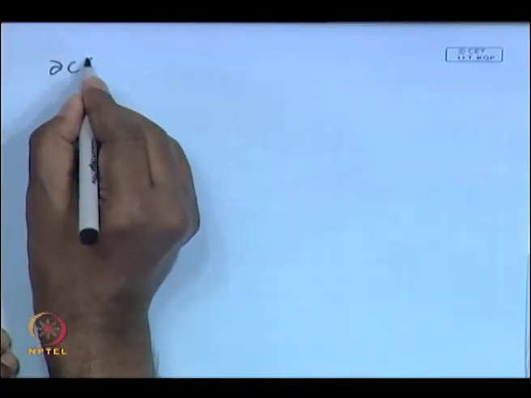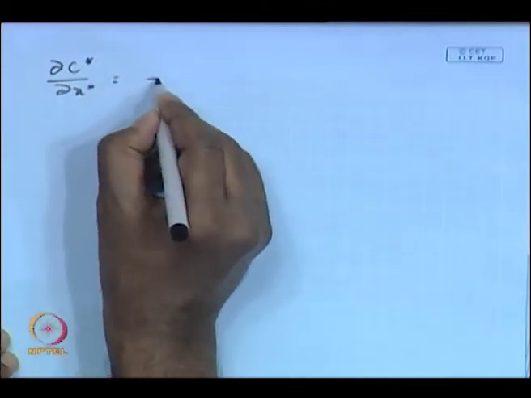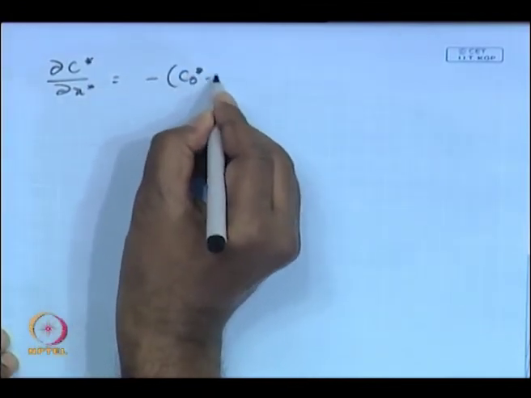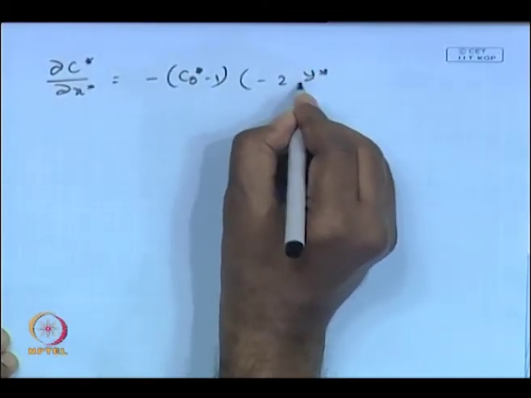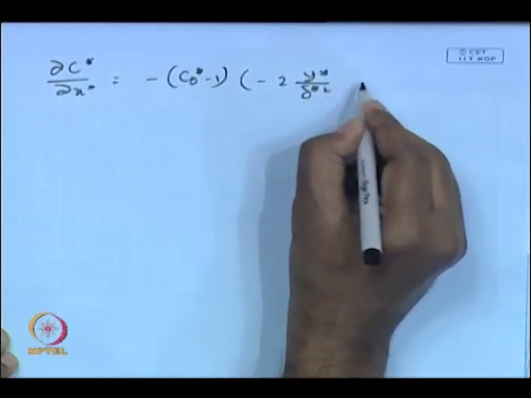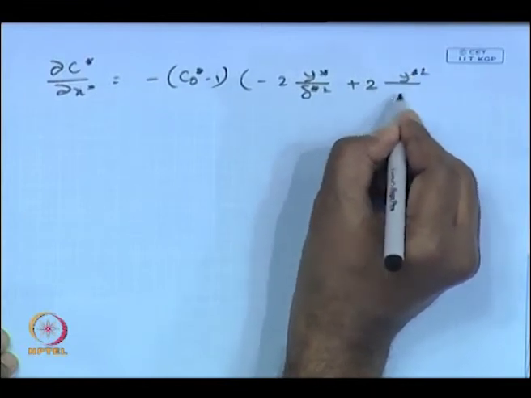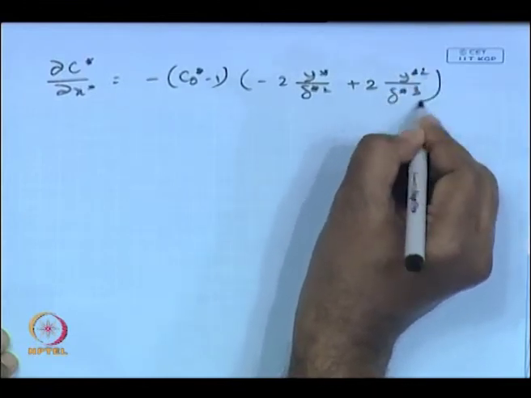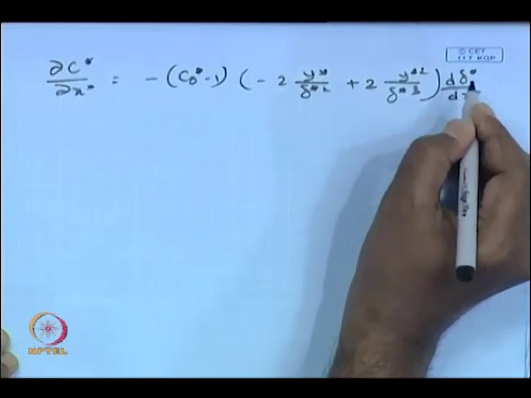So, del C star del x star will be nothing but minus Cg star minus 1 times minus 2 y star by del star square plus 2 y star square by del star cube, times d del star dx star.